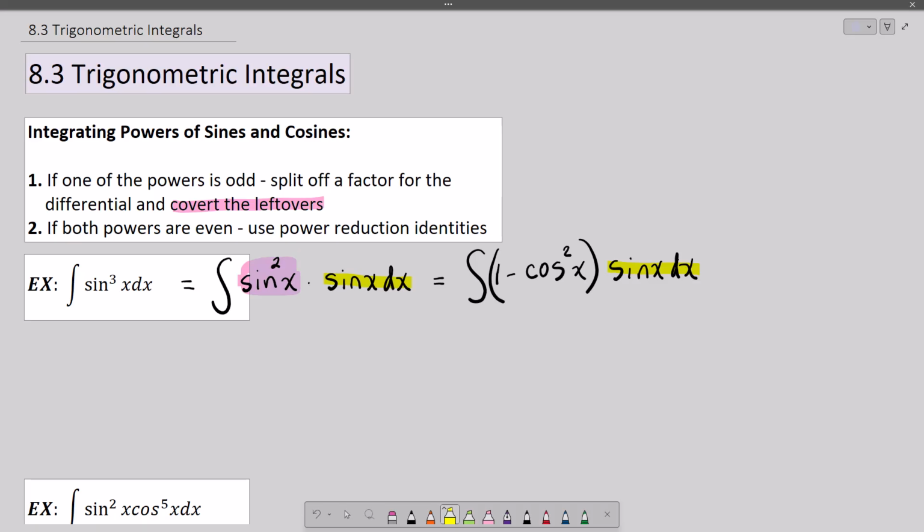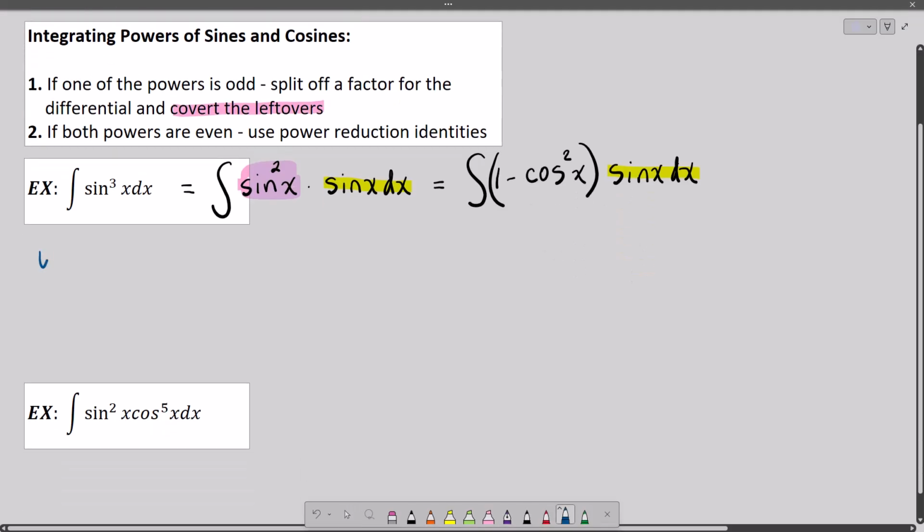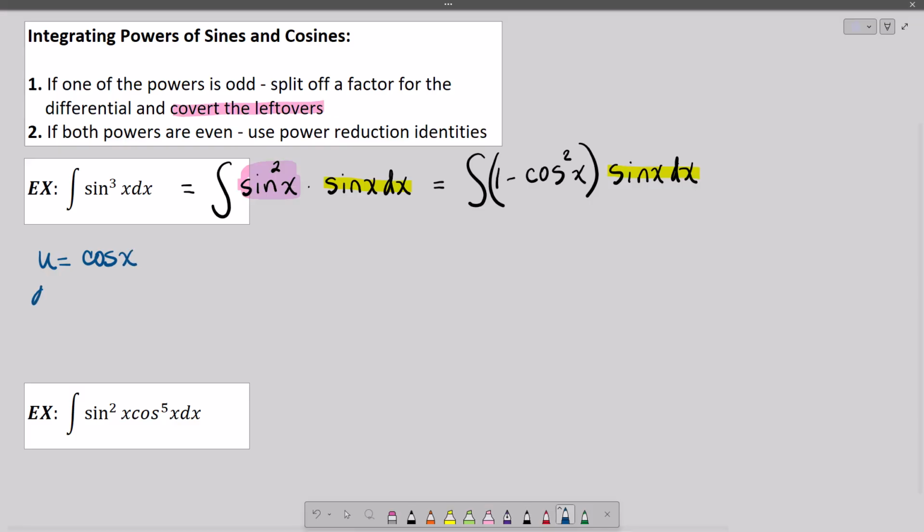All right, so the differential is going to be the derivative of what we're going to let u equal. And u is always going to be the function that we converted over to. All right, so let's try it. So u is going to be cosine x. The derivative of cosine is minus sine x dx.